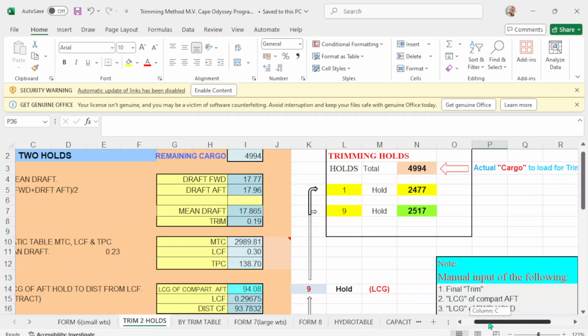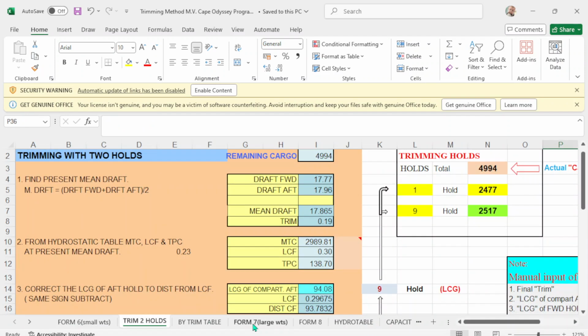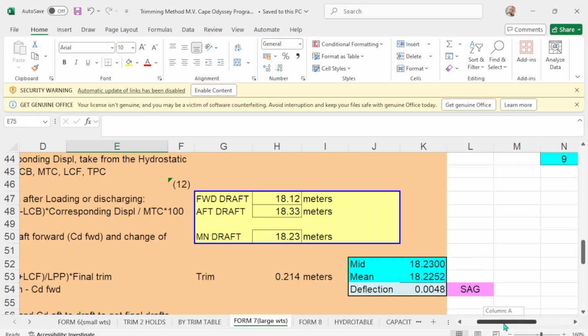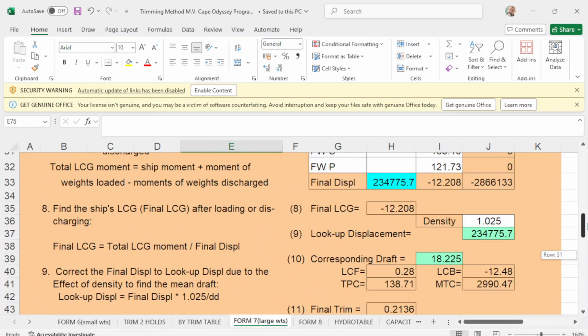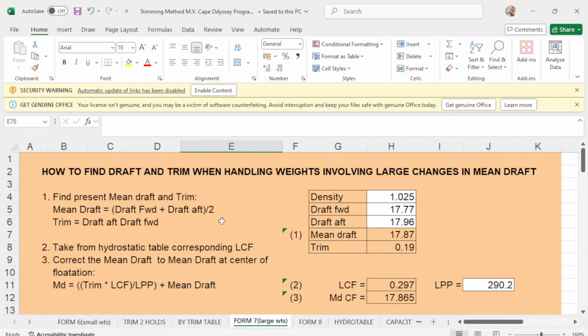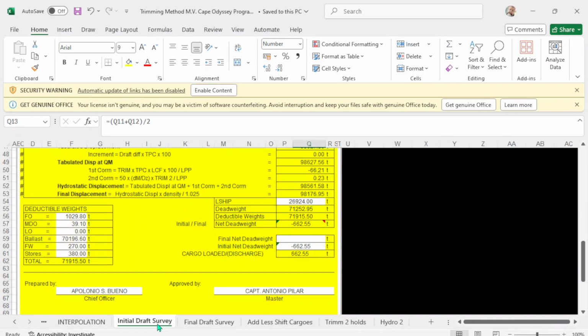We got trim two holes here. Form 7 for how to find draft and trim when handling weights involving large changes in mean draft. And we go now to the draft survey.